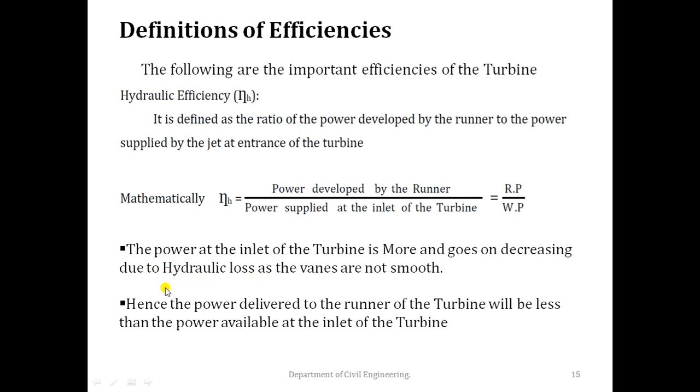So not all the power of the water is transferred to the runner of the turbine, and there will be certain losses. So the power delivered to the runner of the turbine, it will be less than the power available at the inlet of the turbine.